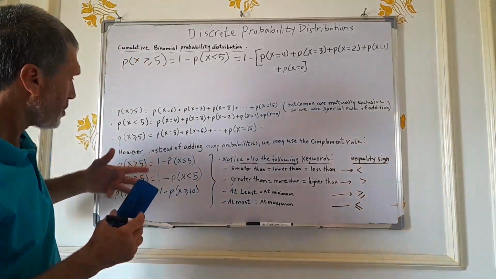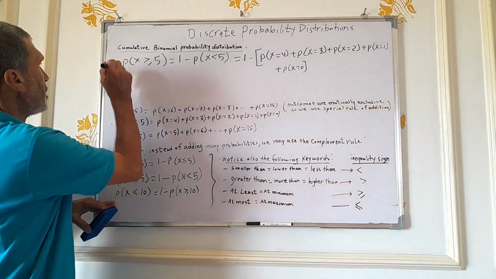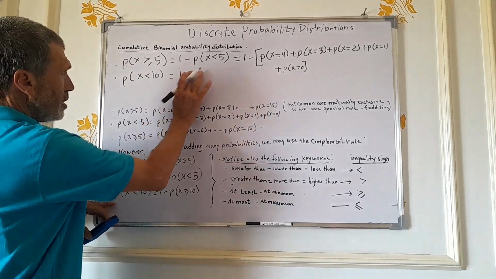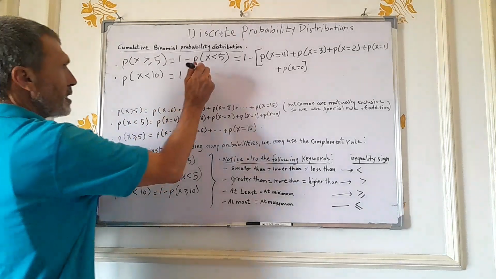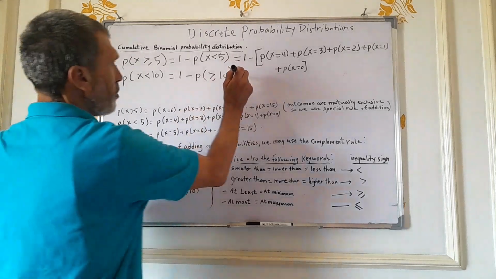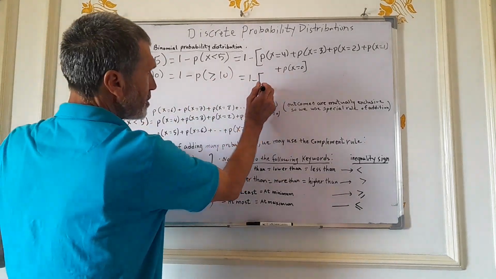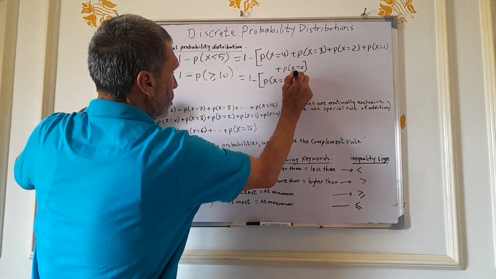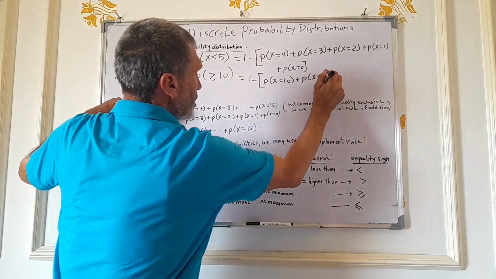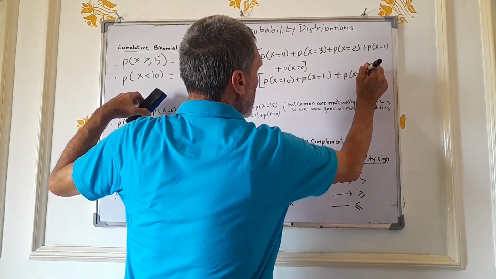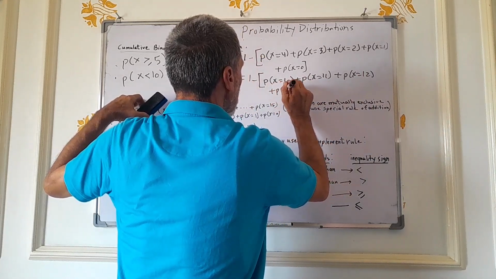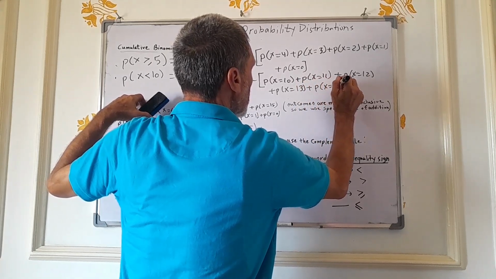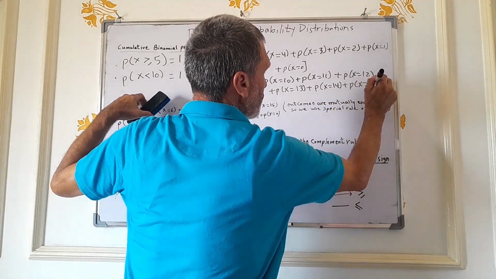Okay, and the others are the same thing here. For instance, the probability of x greater than or equal to 10 is equal to 1 minus, open a bracket, the probability of x equal 10 plus the probability of x equal 11 plus the probability of x equal 12 plus the probability of x equal 13 plus the probability of x equal 14 plus the probability of x equal 15.